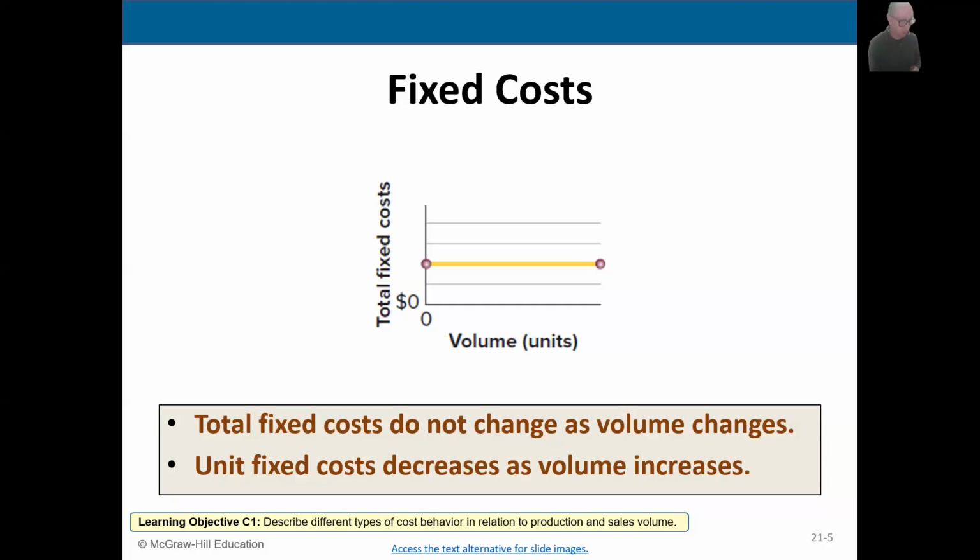Here's what I mean by this. I had mentioned that our monthly rent is $32,000. If I produce 200 units, the average rent in terms of a cost per unit is $160 per unit. The way we figure that out is we take the total cost per month, in this case $32,000 a month, divided by 200 units being produced per month.